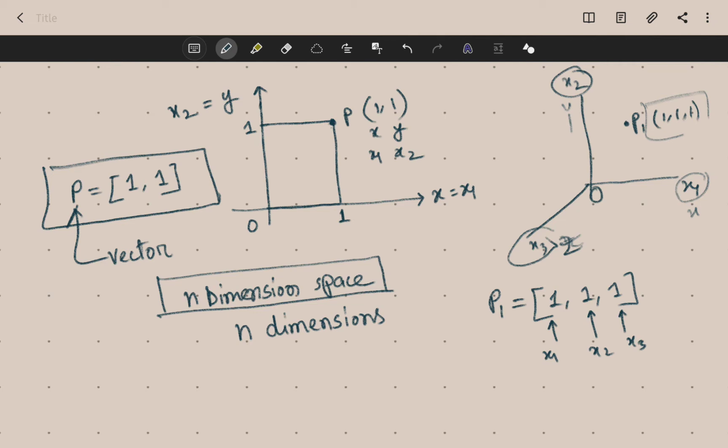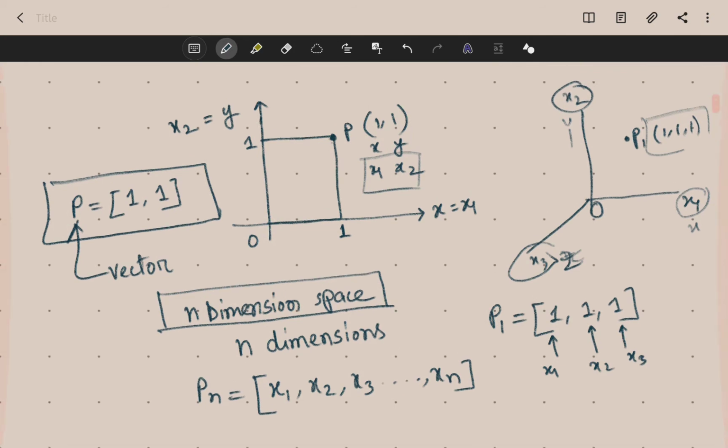We will need n components. Here in two dimensions we needed two components, in the three-dimensional case we needed three components, and for n dimensions we need n components, right? So P of n we can write like this: x1, x2, x3, till xn. This is pretty much the basics of the dimensional cases.